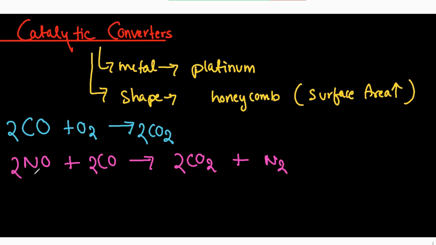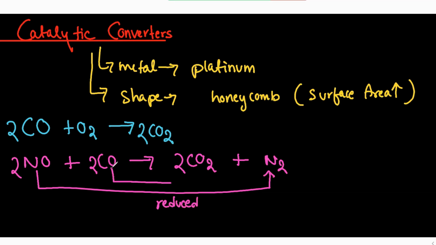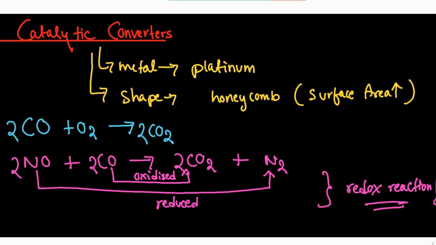In this case, nitrogen monoxide is being reduced and carbon monoxide is being oxidized. So what kind of reaction is it? It's a redox reaction. Now, let's understand a few bits and bobs about this.